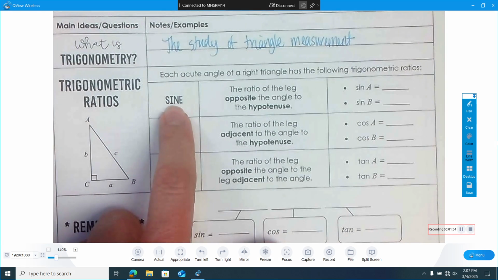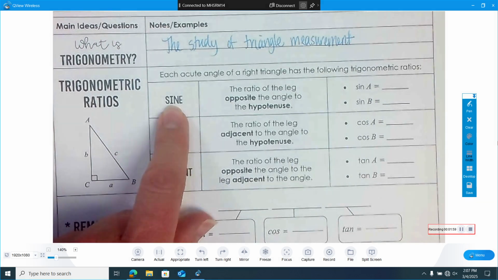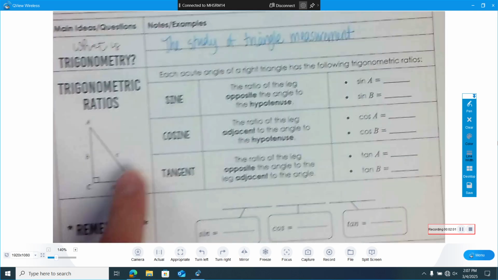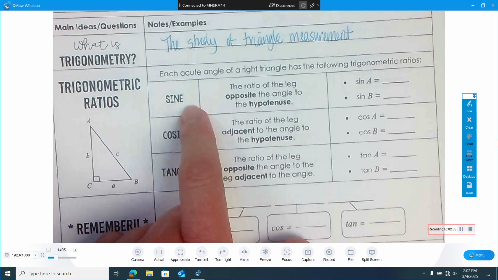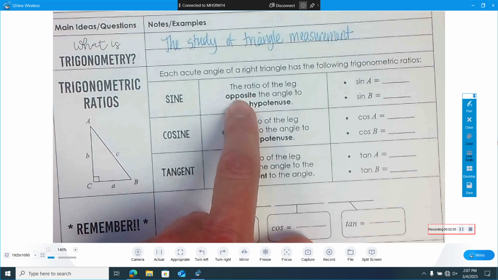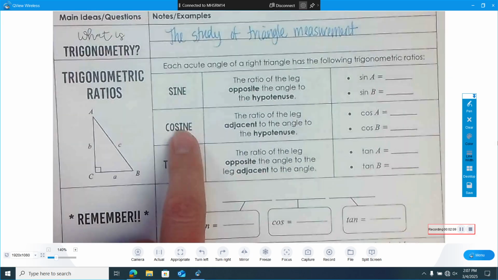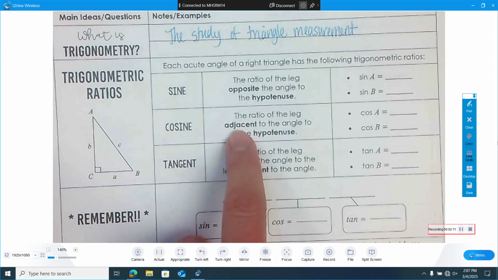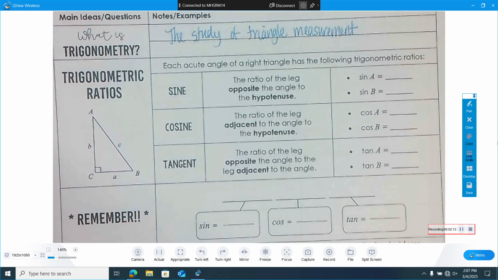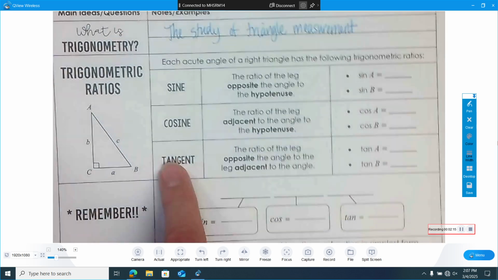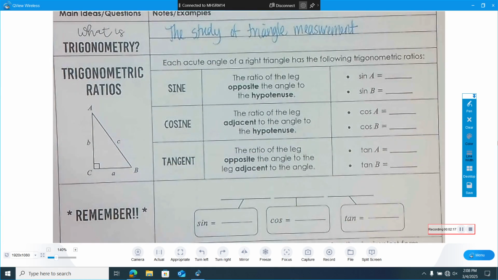When you hear the sine of something, that sine is telling you a pair of the legs of the triangle. The sine ratio tells us to take the opposite and the hypotenuse sides. Cosine tells us to take the adjacent and hypotenuse sides. And tangent tells us opposite and adjacent. Those are the pieces of the triangle that we're going to pick.